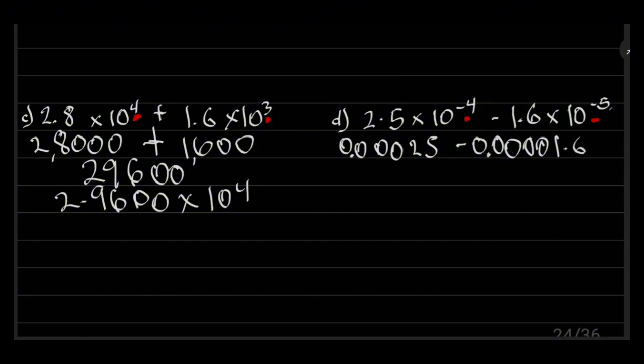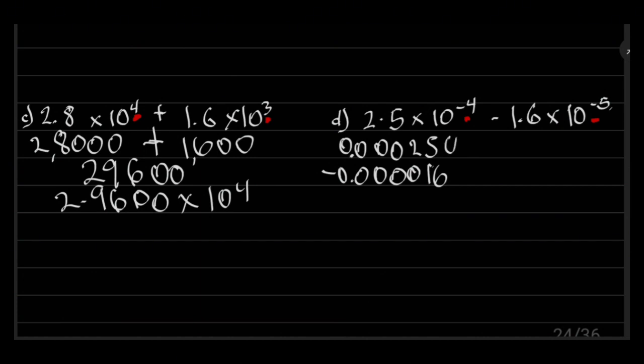So this is what we are going to have. And then we can decide to arrange them vertically so that we do our subtraction. So I'll bring this here, and give 0.00016.